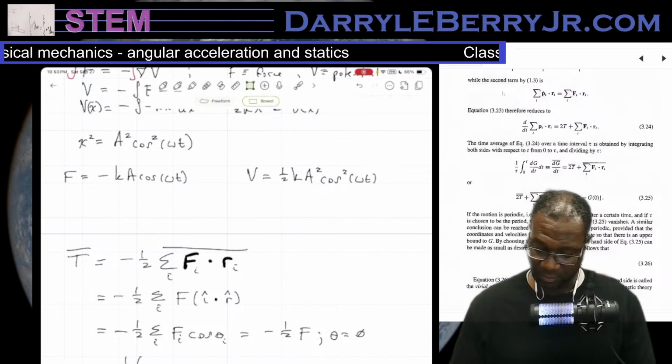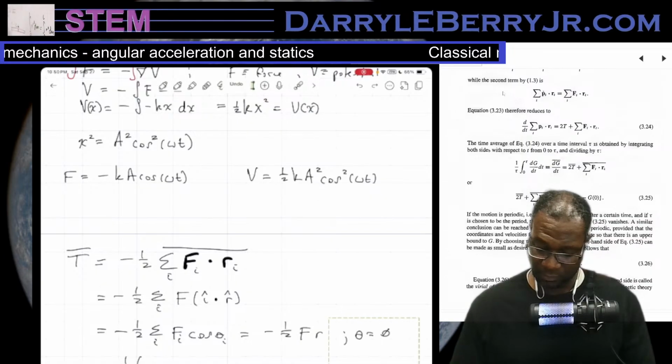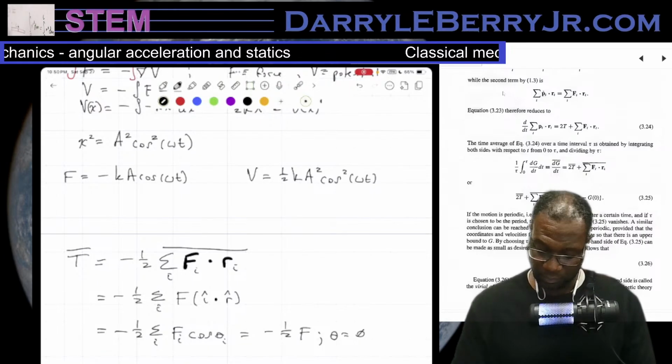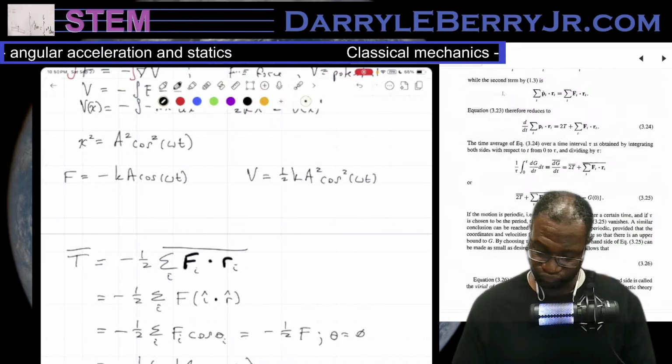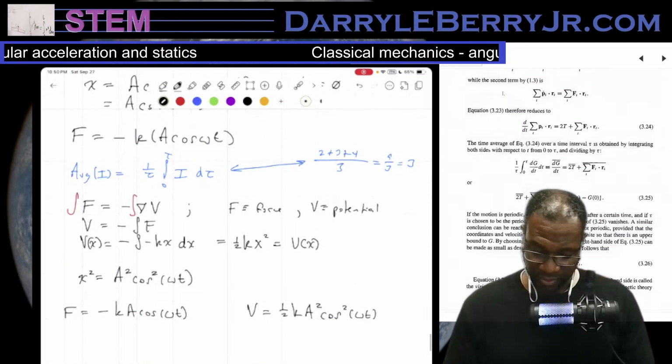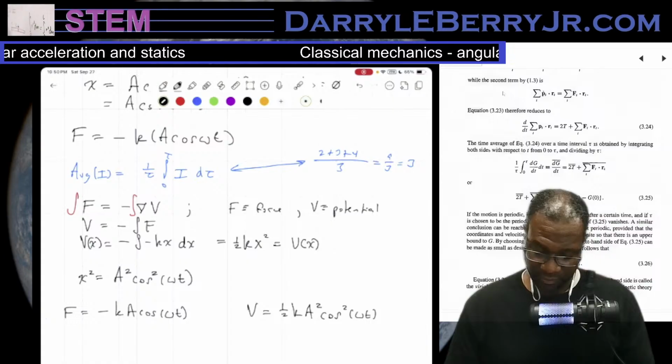And so we have negative 1/2 times negative a cosine omega t, which equals negative 1/2, let me make sure I didn't drop a negative. Yes.